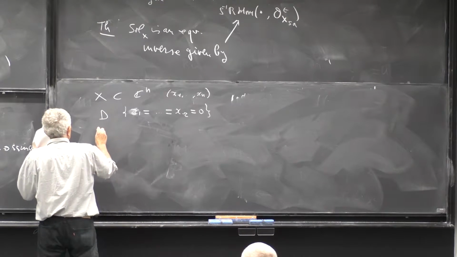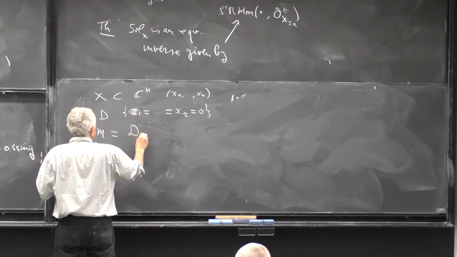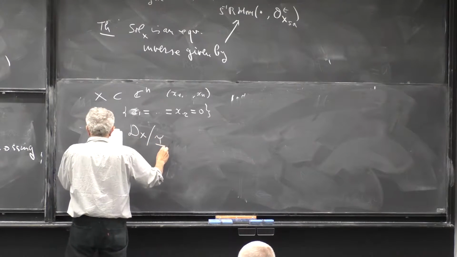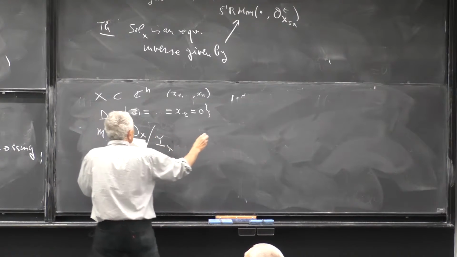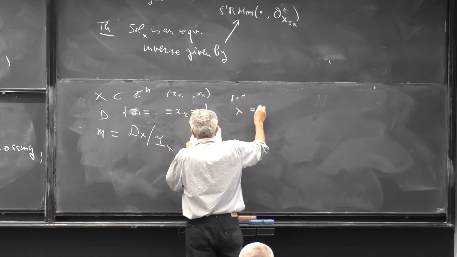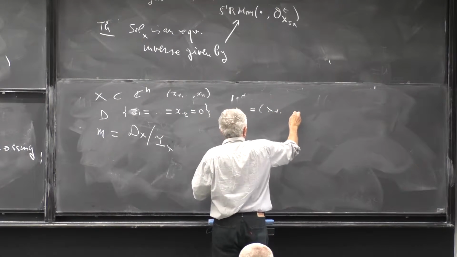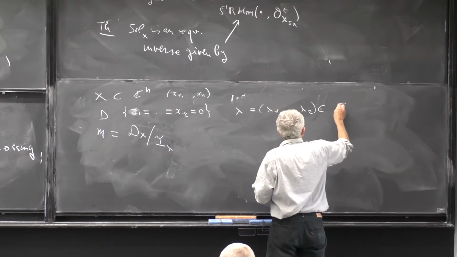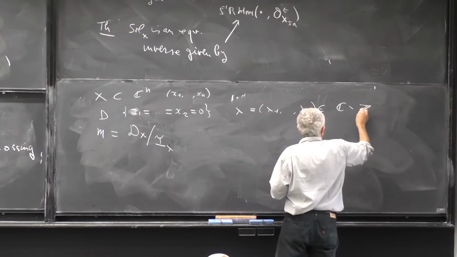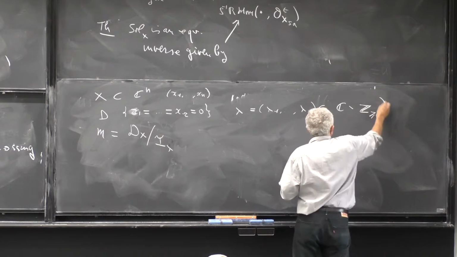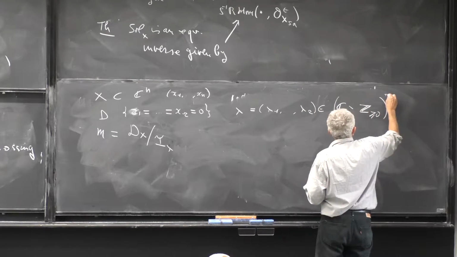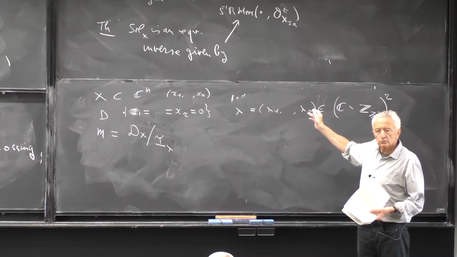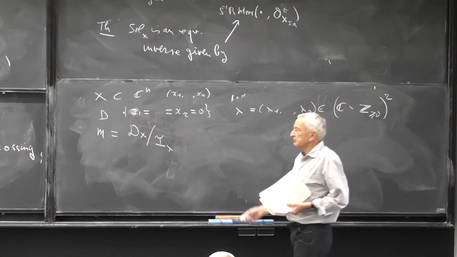Then M is D_X divided by I_lambda. Take lambda = (lambda 1, ..., lambda r) in C^r, but we don't want positive integers, so there are no positive integers.